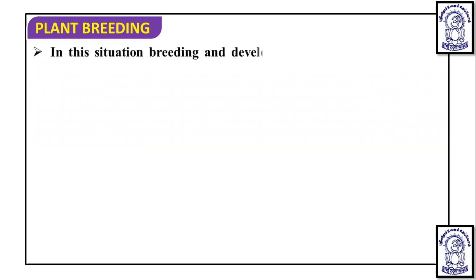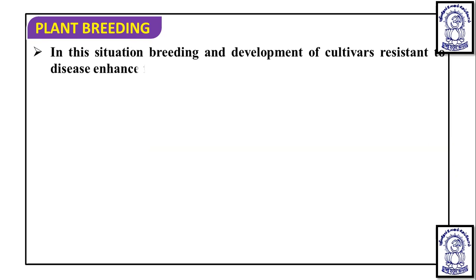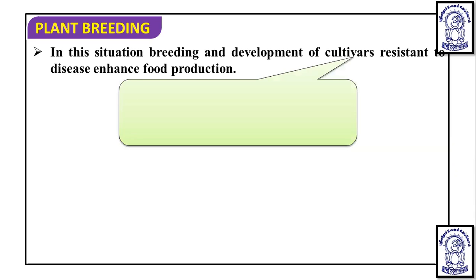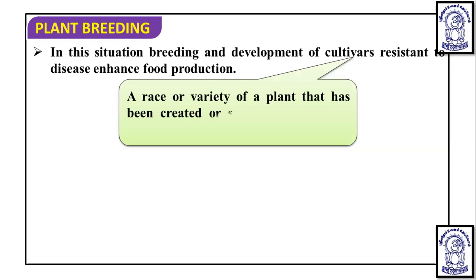So, in this situation, breeding and development of cultivars resistant to these diseases, which develop due to particular pathogens, is needed. Resistance to these diseases can be developed in a new cultivar by particular breeding and development programs, which can lead to the enhancement of food production.